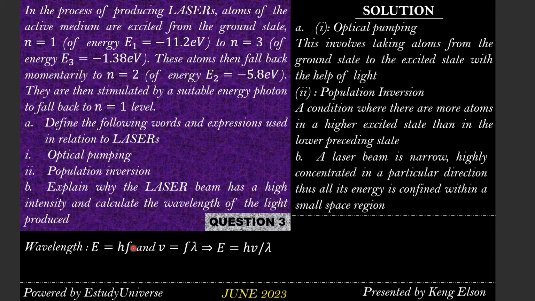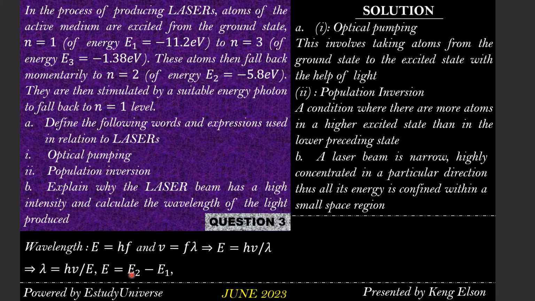If we replace f with v over lambda, the energy of that photon is E equals hv over lambda. If we want to find lambda, we multiply by lambda and then divide by the energy. So lambda becomes hv divided by E. Now what is E?